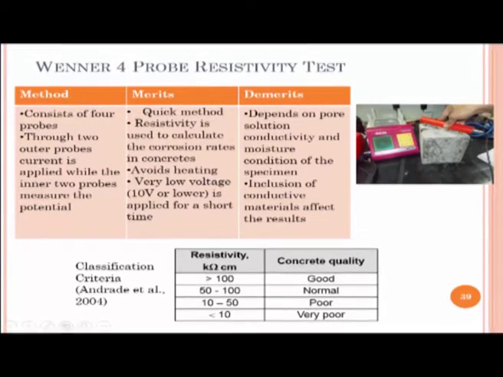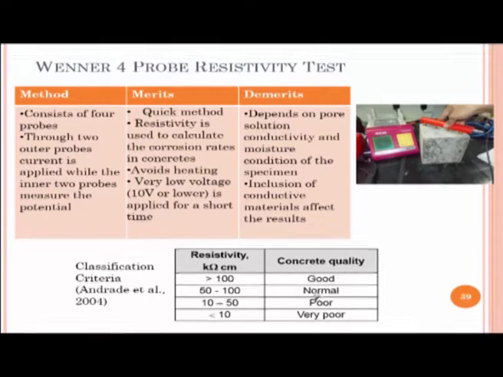You apply the current across the 2 outer electrodes and measure the potential difference between the inner electrodes. Okay, and that potential difference is converted into the resistivity of the concrete for this type of a measurement. Okay, and that resistivity you can then relate to the concrete quality once again, and this test takes you probably about 1 minute to conduct, because it is such a simple test, very quick test.